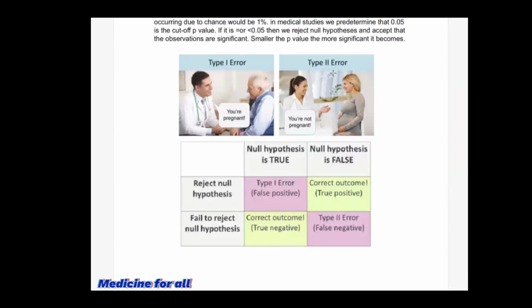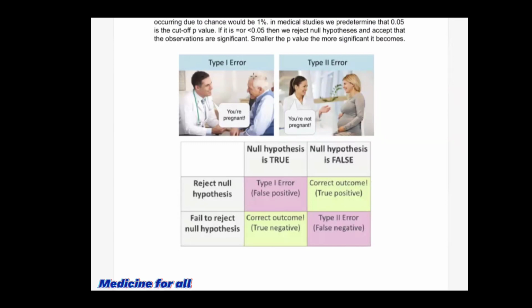And the other is telling a pregnant person that they are not pregnant. So you are not seeing a connection where there is one. That is type 2. The null hypothesis is actually false, there is an actual connection, but you fail to reject, meaning you accept that there is no connection.